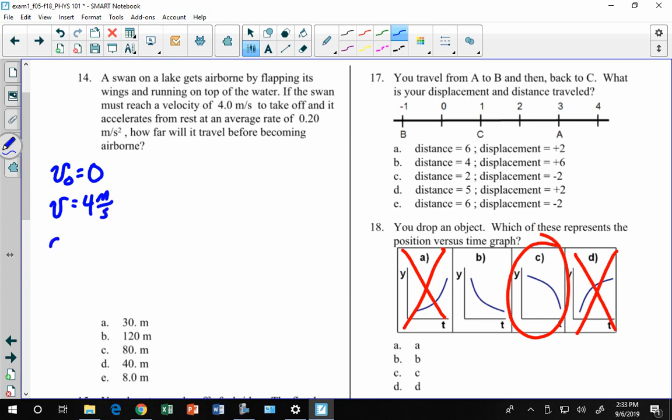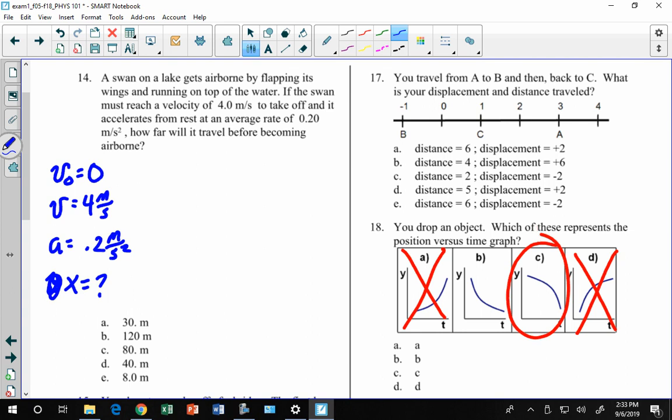And then it has an acceleration equal to 0.2 meters per second squared. It's speeding up. The velocity is positive, so the acceleration is also positive. And I want to know how far it travels. Oh, x. I want to know how far it travels before it reaches that speed of 4 meters per second, at which time it can become airborne.